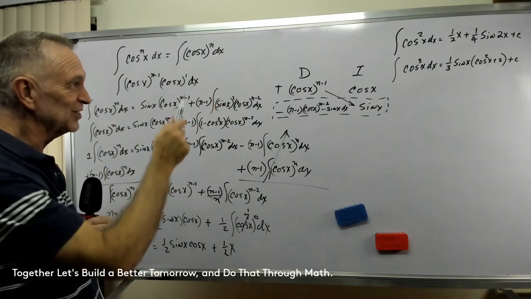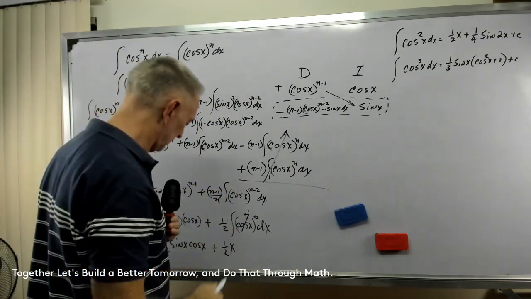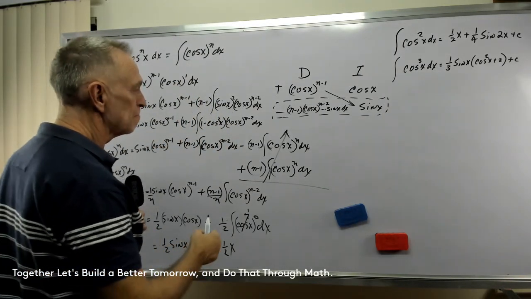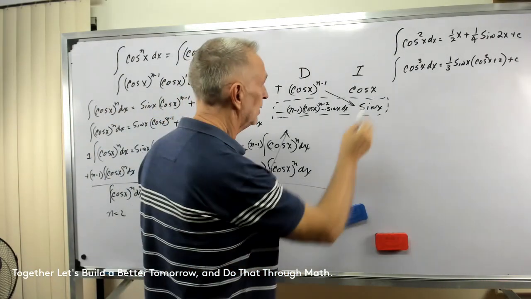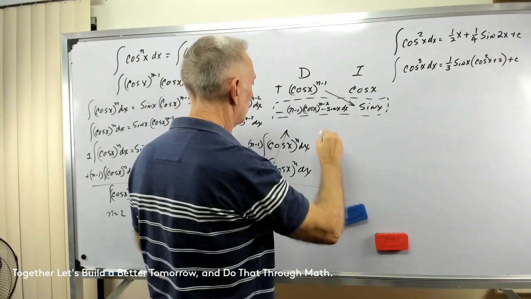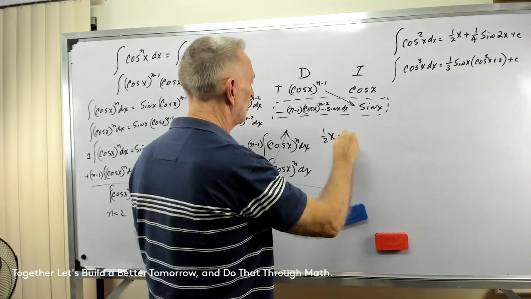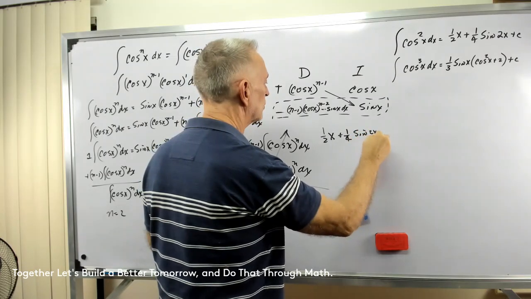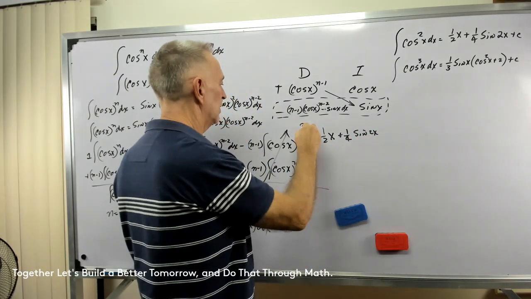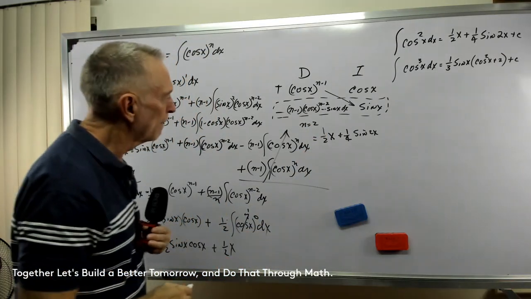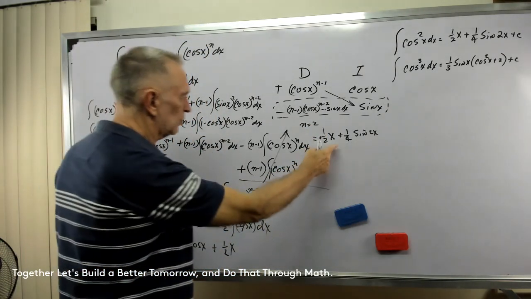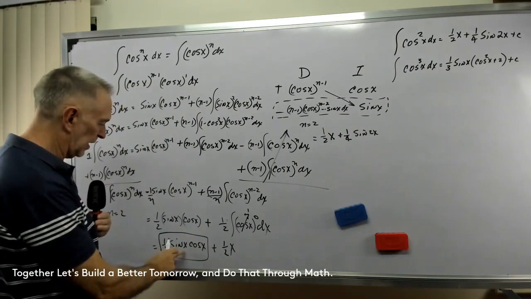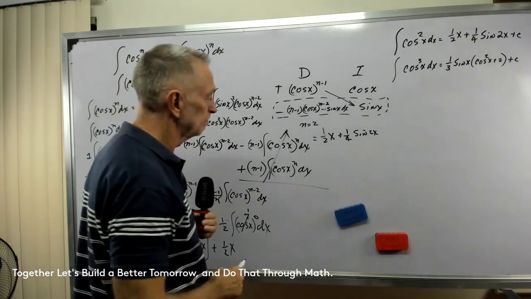Alright, now you'll notice we have over here, let's see, what can I erase to give us some room to work? Maybe my cord will reach. We have that integral is 1/2 x plus 1/4 sine 2x plus c. So that's when n equals 2. So we have the 1/2 x, 1/2 x, but you'll notice there's a difference in these terms. I have 1/2 sine x cosine x.